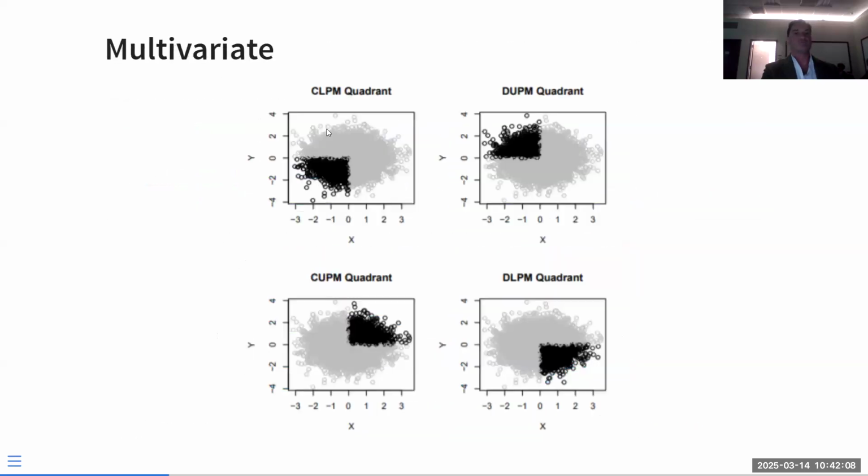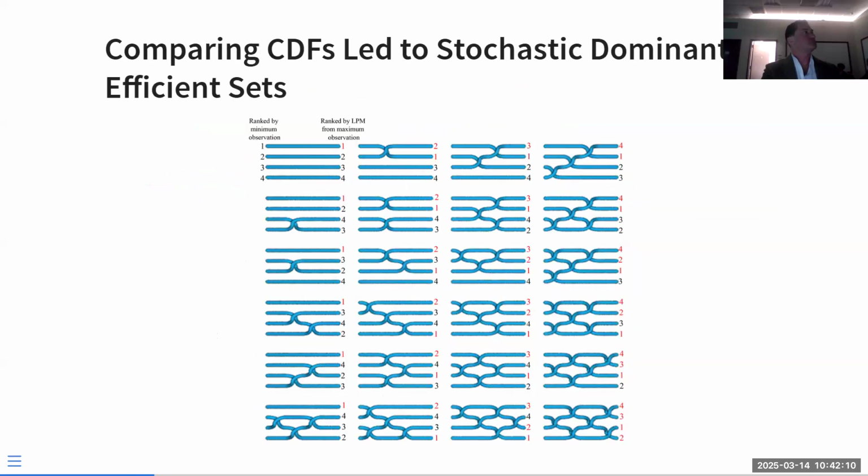Can you explain this a little bit from the first 2 or 3 graphs? What are those graphs representing? The CDF? This is just a representation of the crossing CDFs. So if CDFs intersect, they don't stochastically dominate one another for a given degree. First order. Yes.